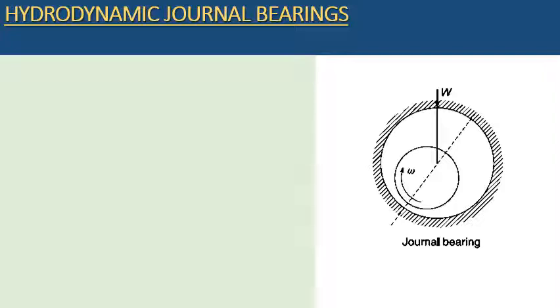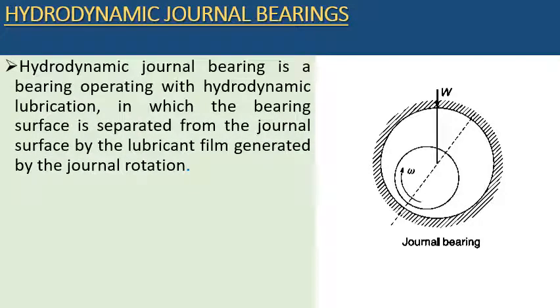As we have seen from the previous slides, in a hydrodynamic journal bearing we have a journal, and the space between the journal and the bearing is completely filled with oil or lubricant, and the film pressure is generated because of the motion of the journal with respect to the bearing.